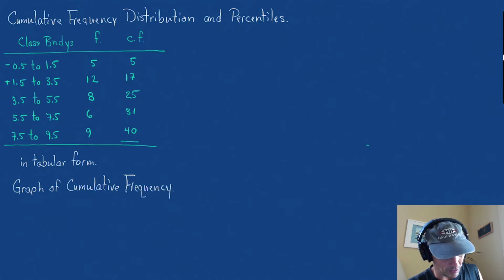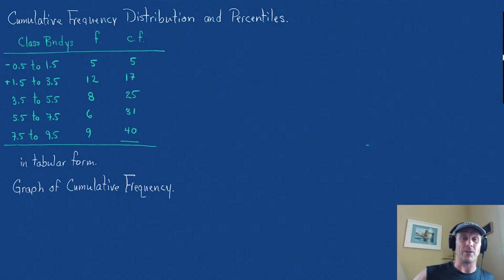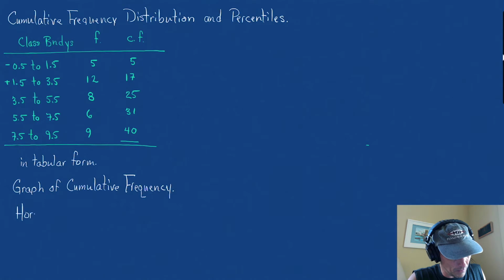Okay, and I'm going to just give you some guidelines. I'm giving both of us guidelines. On our horizontal axis, we're going to put our class boundaries.